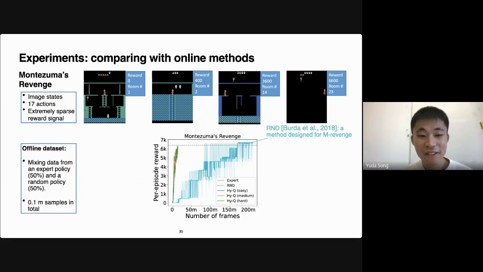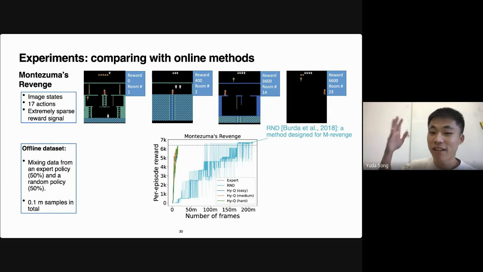Yeah. For the first question, I'm just trying to see if I understand it correctly. You're saying if I vary the amount of random portion in your offline data set, how does it perform in practice? In this curve, it actually does not matter that much.